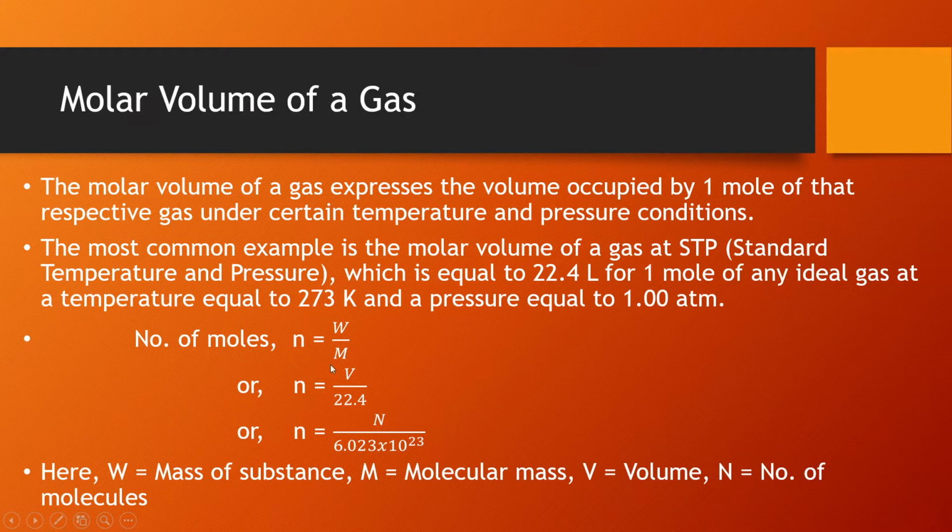This is what we need. This is the molar volume formula of a gas. You have to determine the molar volume by using this equation. So here W is the mass of substance given in the respective question, and M, capital M, will be molecular mass, and capital V will be the volume, and capital N will be the number of molecules.